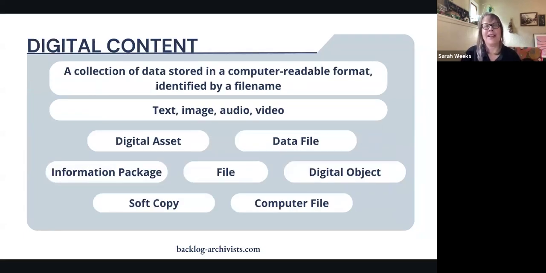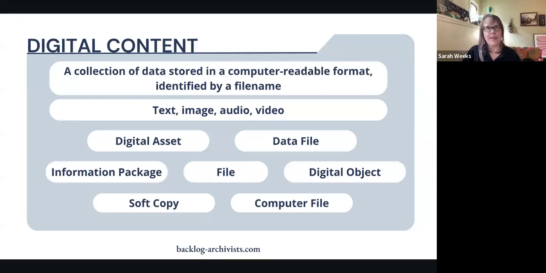Okay, digital content. We're going to take a few steps back before we go forward. When we talk about digital content, what is that? A lot of times, especially if you're dealing with not just a Word document but something like a digital repository or a database, they might be called a digital object, or an information package.